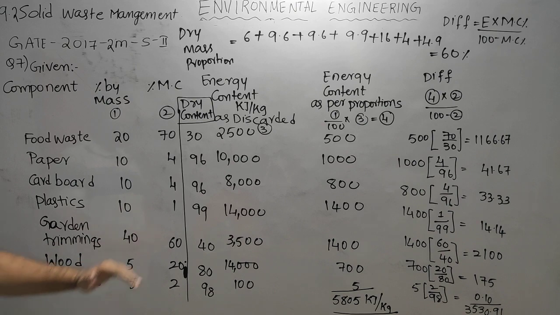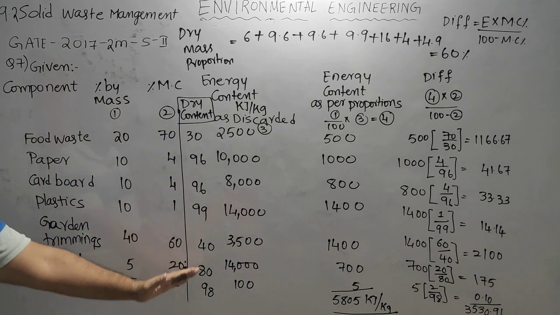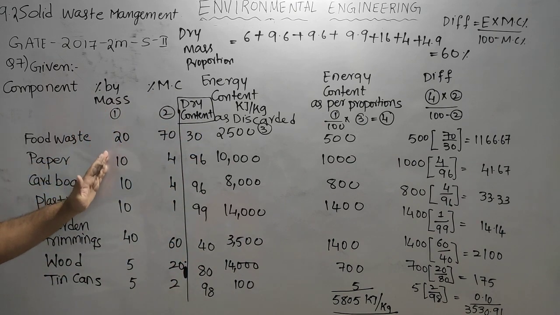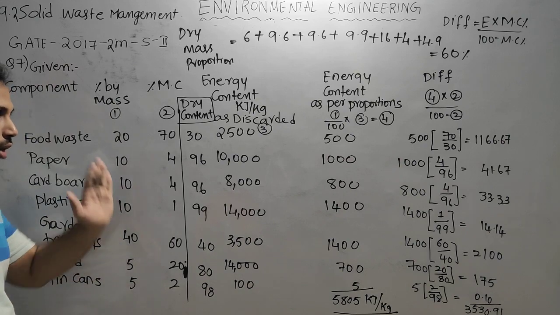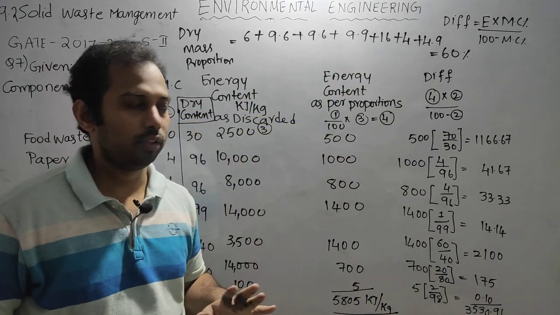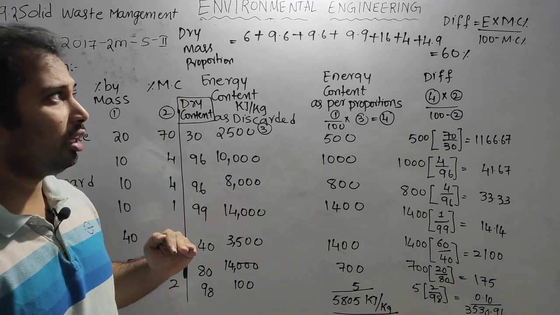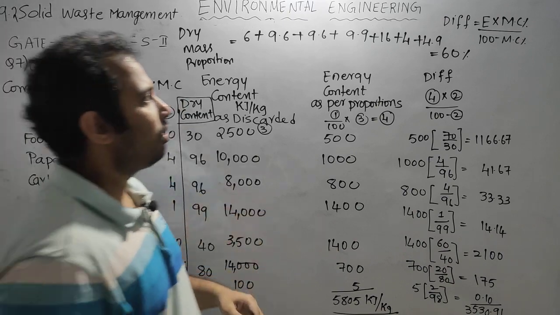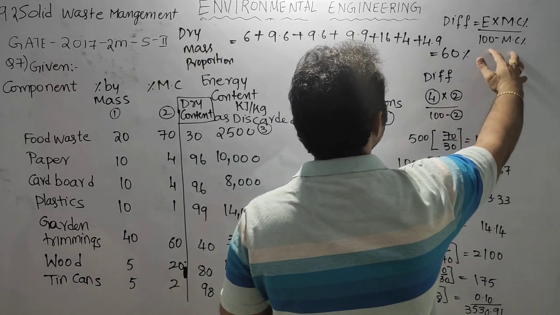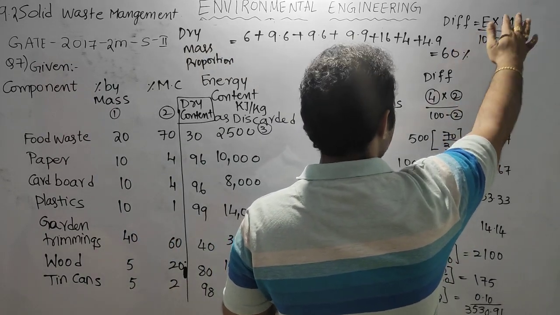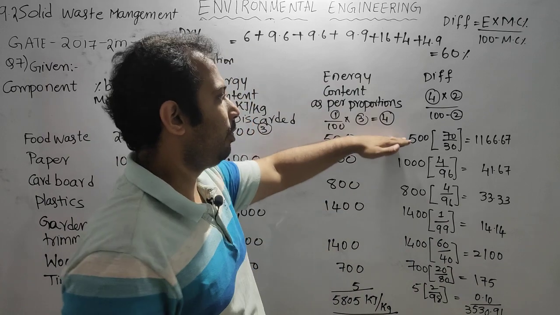Now the dry content in the solid waste proportion is 60%, which means 40% is the moisture. Here I did this for each and every material separately.